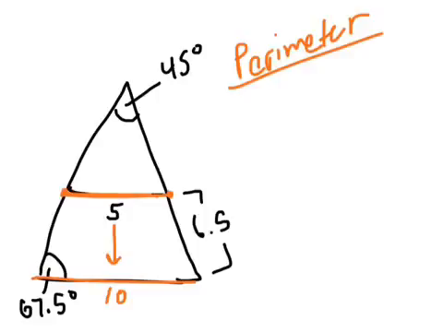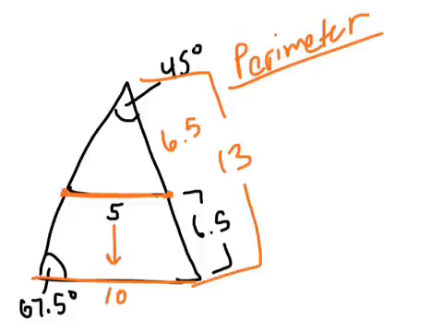The next thing it tells us is that if this is the midpoint, then this is also 6.5, making this entire line 13. 6.5, 6.5, that's 13. So now we have 2 of our 3 lines. But how will we find this one? Well, the only information we haven't used yet is the measurements of these angles.